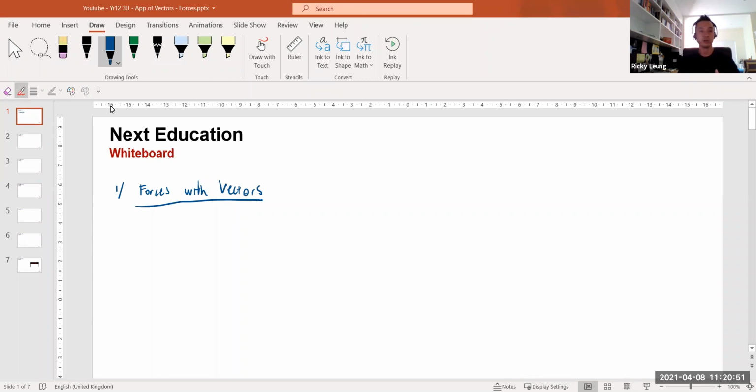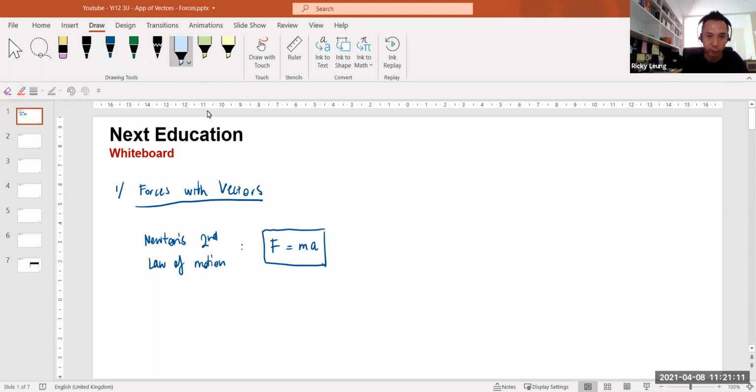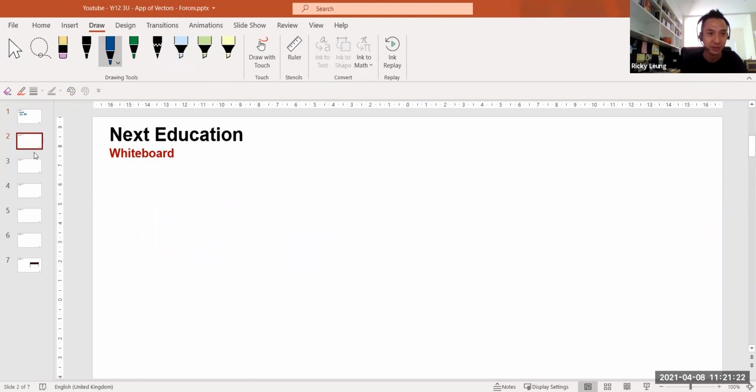Everything relates to Newton's second law of motion, and that is F equals ma, and that is big, right? With this very simple formula, it basically helps us describe motion and forces in this topic. So that's it for theory. Let's dive into a few illustrative examples.